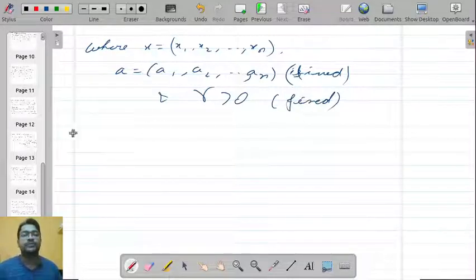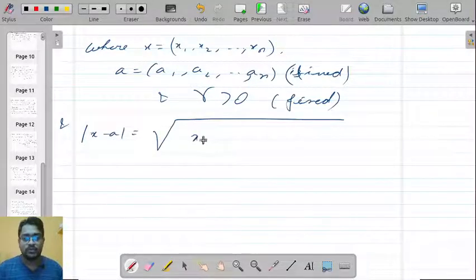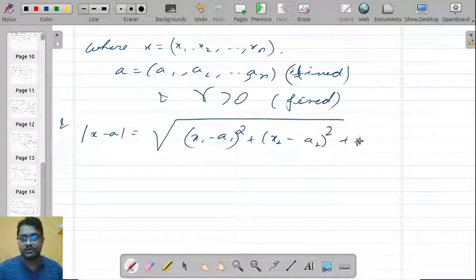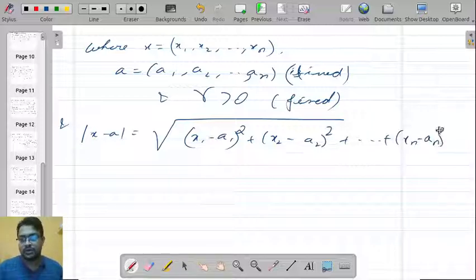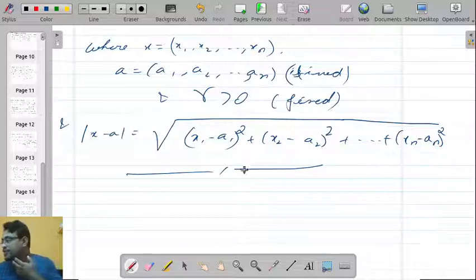Mod of x minus a is the square root of x1 minus a1 whole square plus x2 minus a2 whole square, plus dot dot dot up to xn minus an whole square. This is the complete definition of a hypersphere.